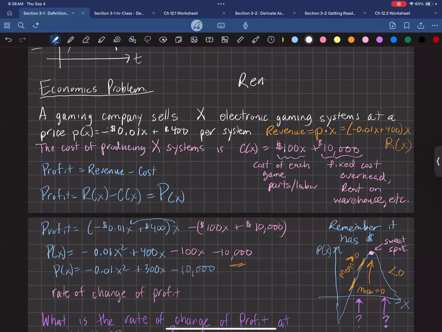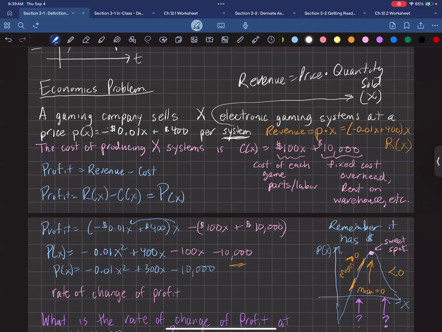Revenue is price times quantity sold. Quantity sold, we're going to call x. Price allows us to use p, because we said per system, and so x is the system here.